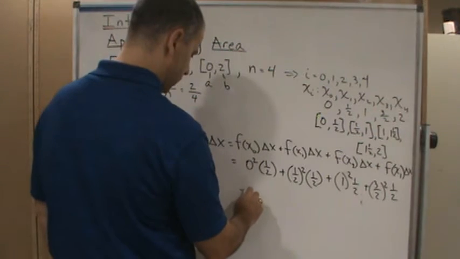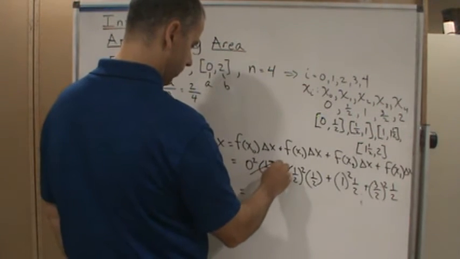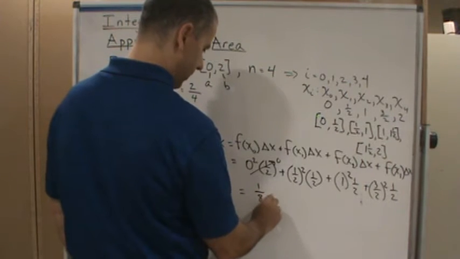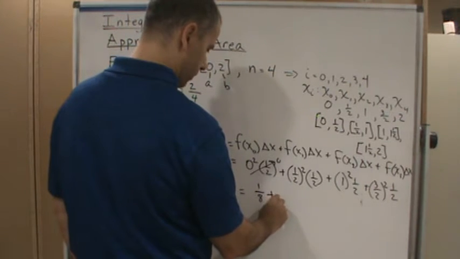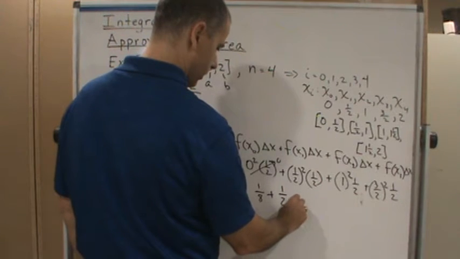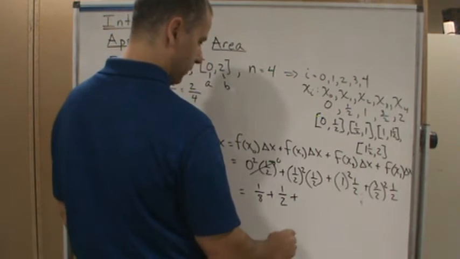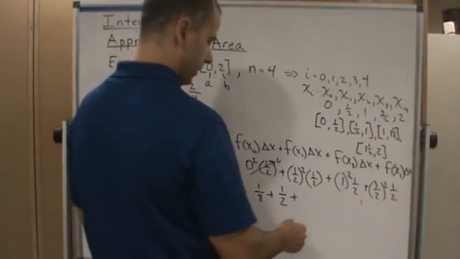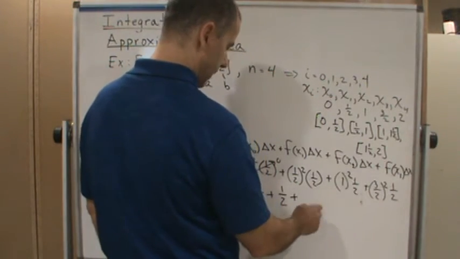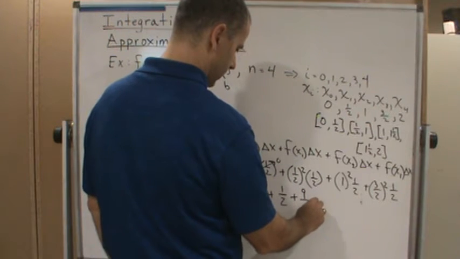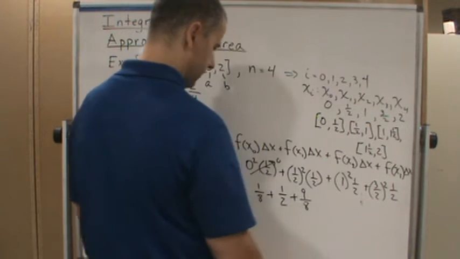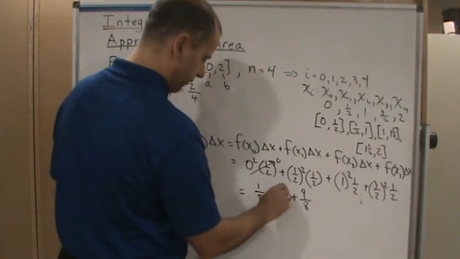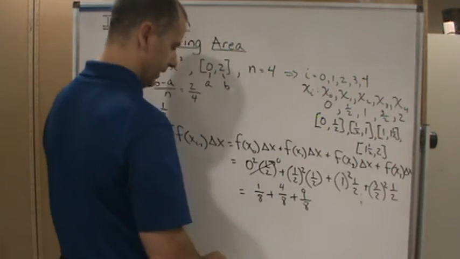And so now this is just going to be 0. This is going to be 1/8 plus 1/2, and then this is going to be 9/4. So 9/4 times a half is going to be 9/8. I can just change 1/2 to 4/8, so everything's in eighths.